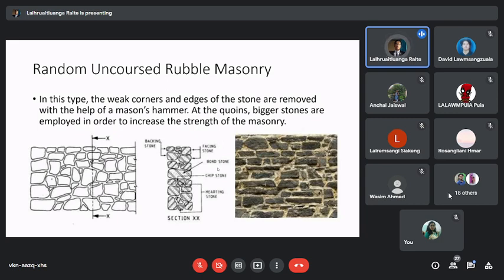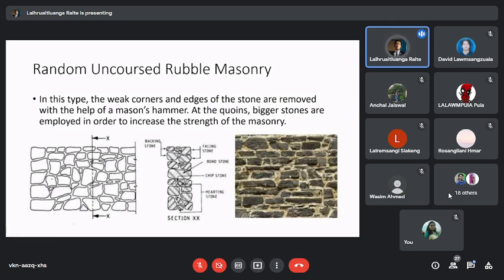But random rubble masonry can be a series of random stones that are being joined together with the help of mortar, right? So this one is a random uncoursed rubble masonry.